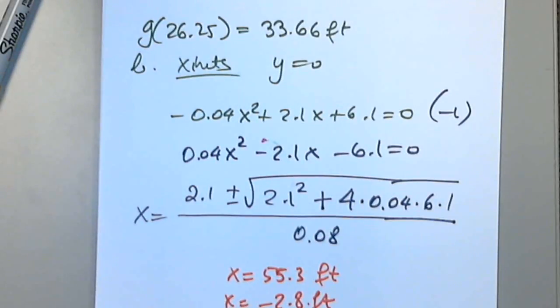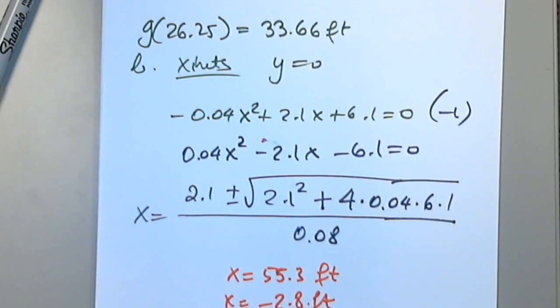So 2.1 plus square root, parentheses 2.1 squared plus 4 times 0.04 times 6.1, close the parenthesis, go outside of the square root, close another parenthesis, and divide by 0.08.